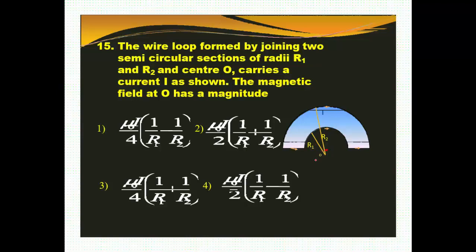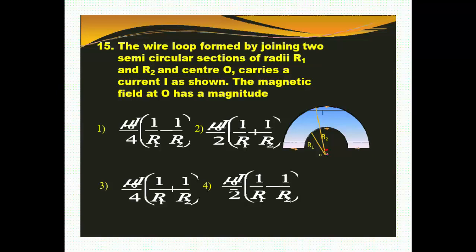Again, center formula is used. For this, there are two semicircular coils. For any semicircular coil, inner coil or outer coil. See, if you look at the inner coil, the current is clockwise. If the current is clockwise, the magnetic field is out.